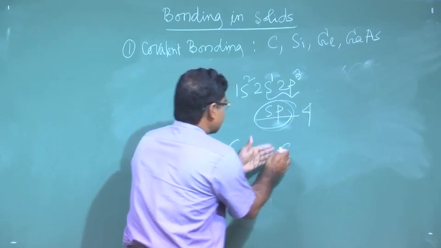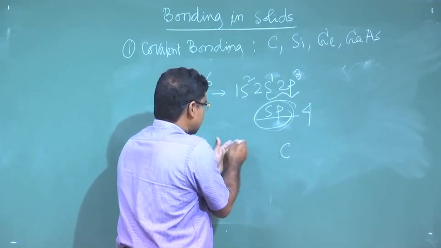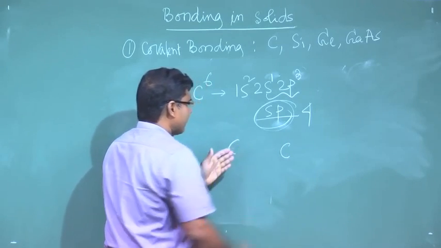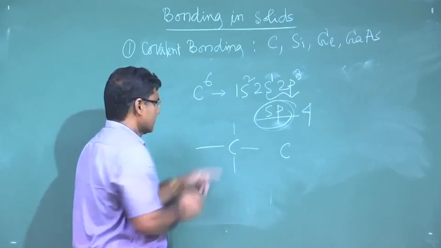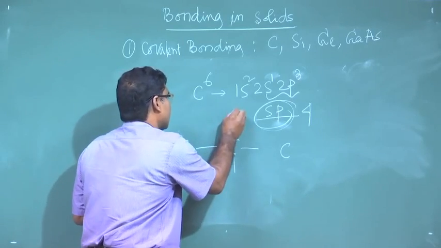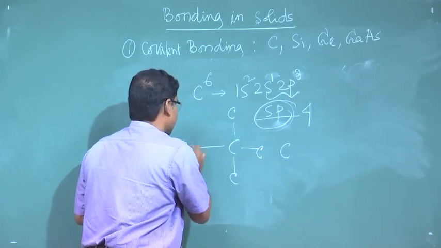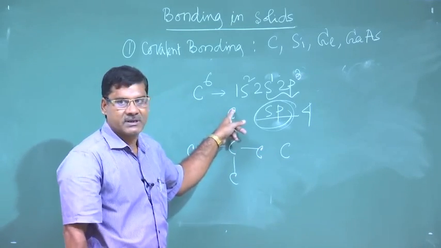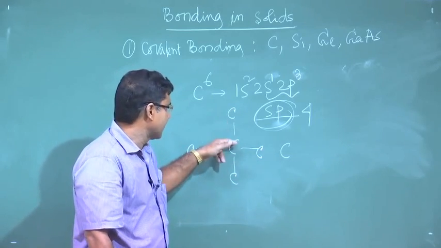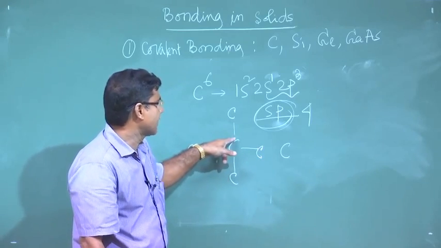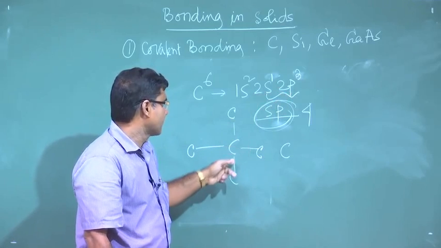So, this carbon has 4 sp3 hybrid electrons, and the other one also. Each carbon atom will prefer to share with 4 carbon atoms, one electron from each, while it has 4 electrons in the outer orbit.